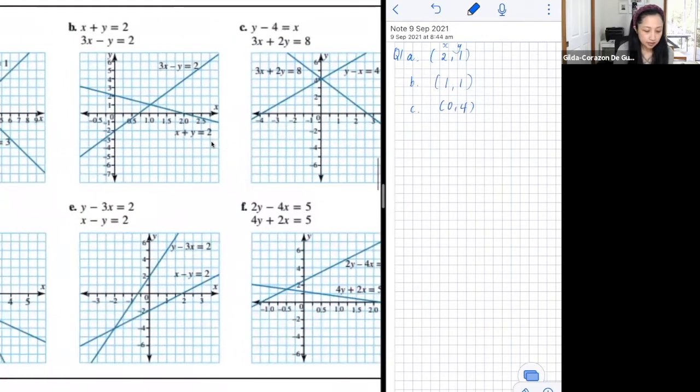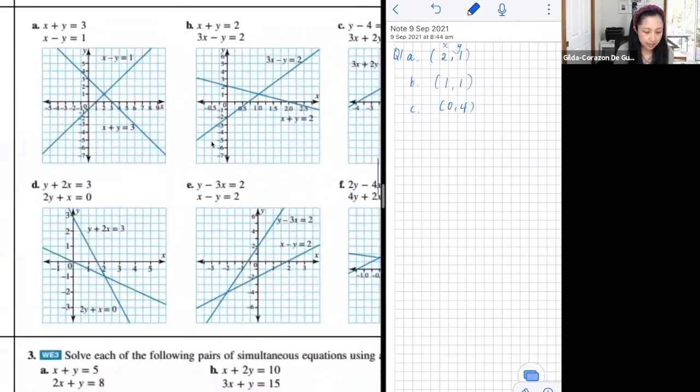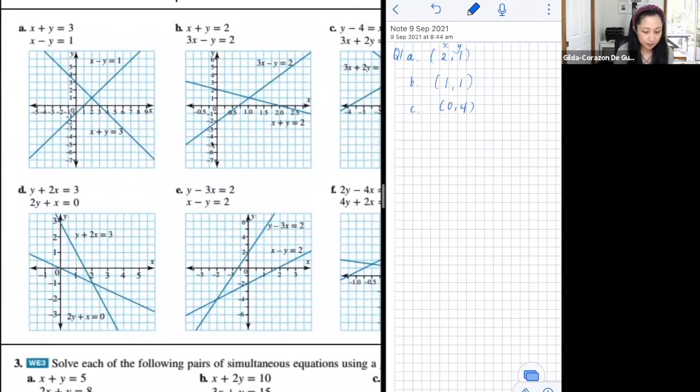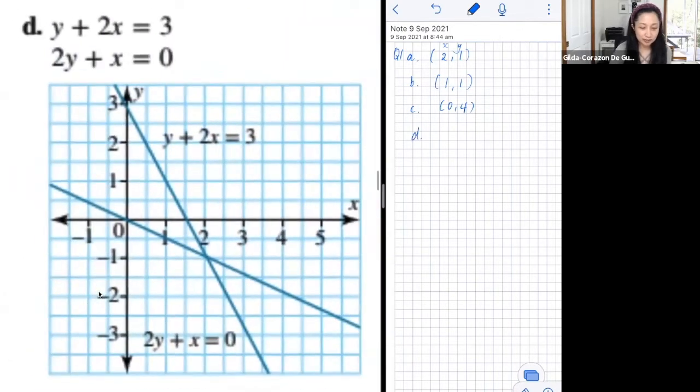Now, I don't think there would be any issues with question D and E. All right. Although with D, your y value would be negative. Here, your x and y values, let's just do them. D. The point of intersection for D would be what?